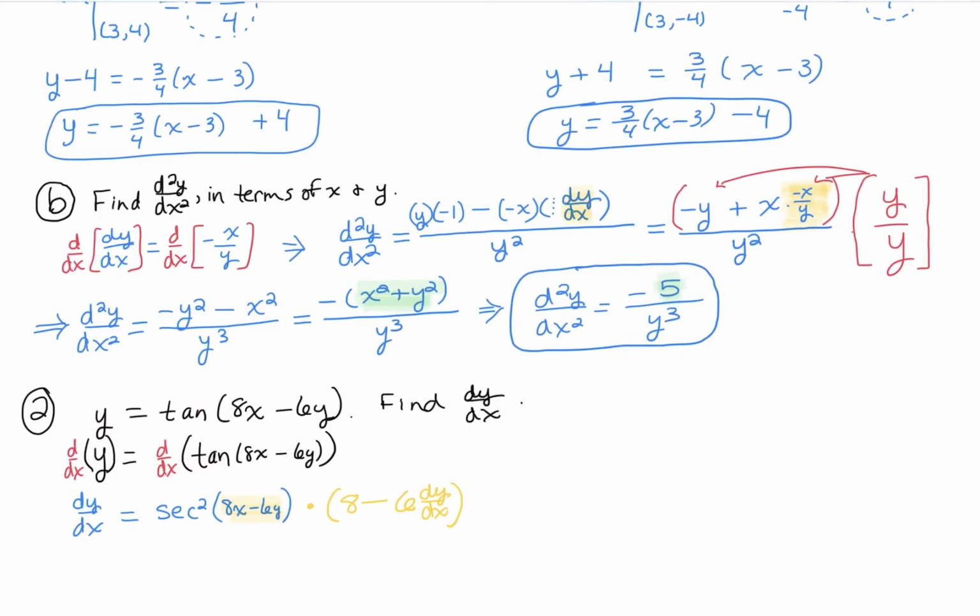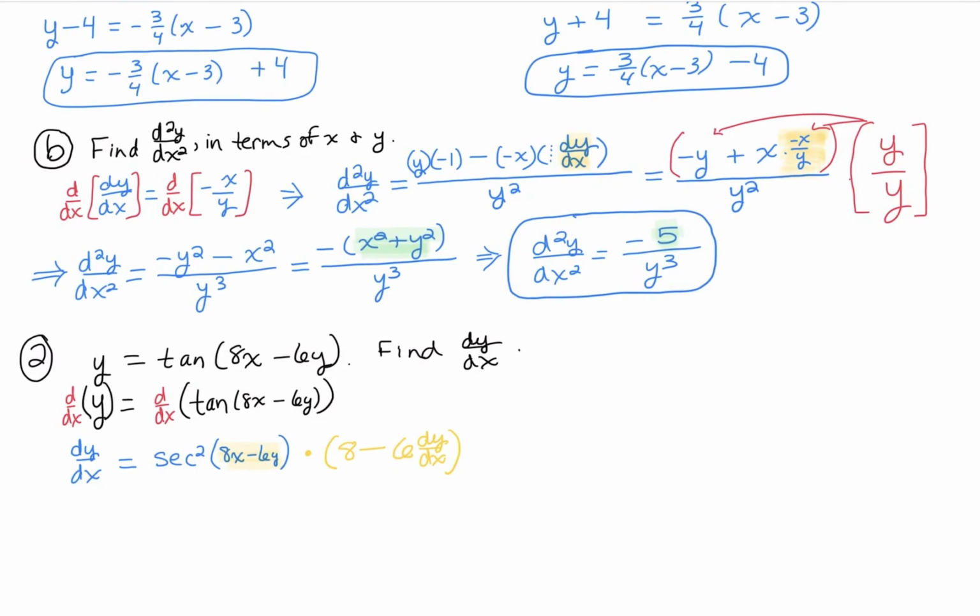My goal is to try to get dy dx on one side. Here's something you can't do right now, and I hope you wouldn't be tempted to: you can't add the 6 dy dx over to the other side, because it is in this set of parentheses right now. It's protected. You can't get into it because it's in these parentheses, so I need to get it out of those parentheses.